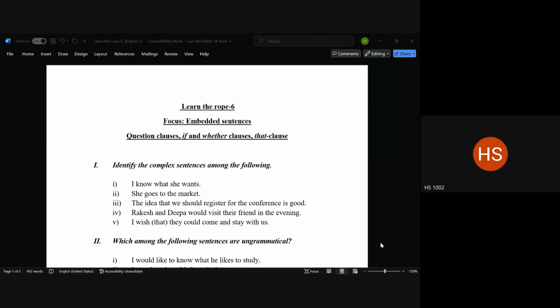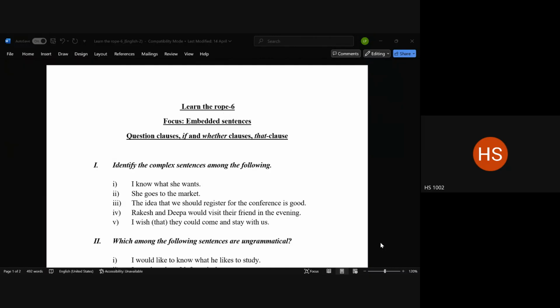And then if it informs you more about the time, place, manner, reason, condition, and so forth, then it has to be adverbial in nature, right? This is what we discussed while we were looking at the classification and the different types of subordinate clauses in the previous session on clauses, right?